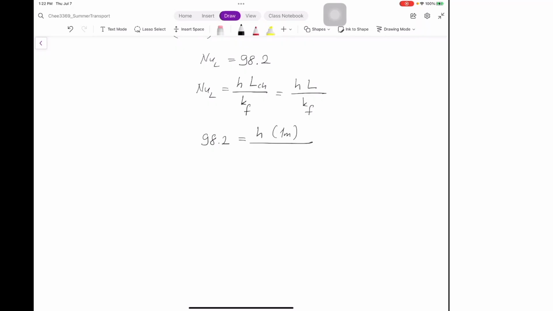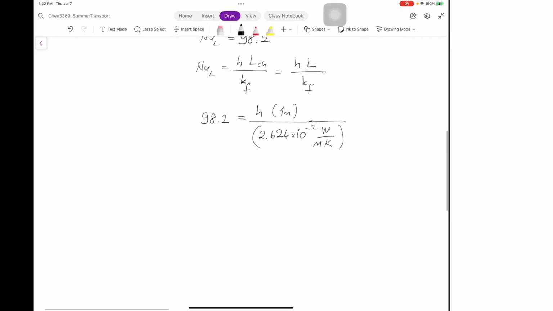At 300 Kelvin, the conductivity is given as 100 times the value, so I need to multiply by 10 to negative 2. So this is 2.624 times 10 to minus 2 watt per meter Kelvin.